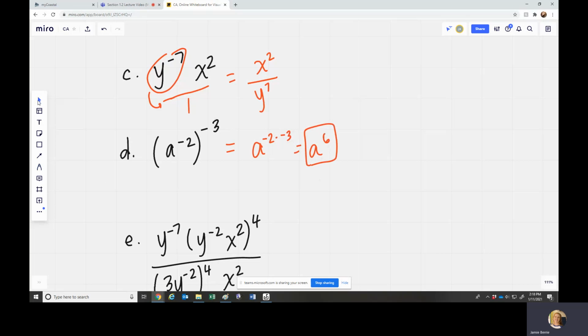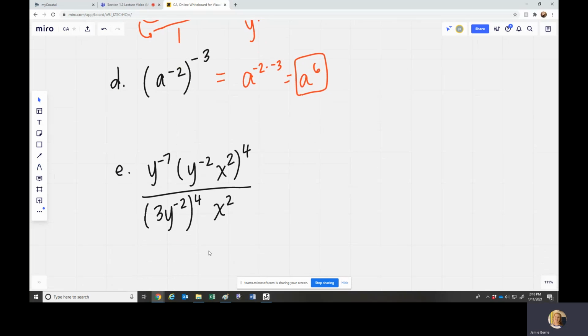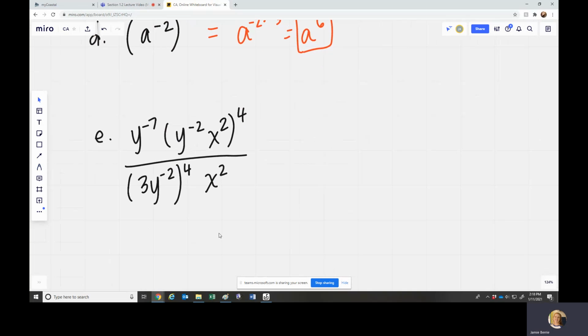All right, now we're getting into some of the more complicated examples. Don't panic. We're going to take this step by step. It looks harder than it actually is. All right, so let's look at this problem. Here we have y to the negative 7th power times y to the negative 2 times x squared, all raised to the 4th.